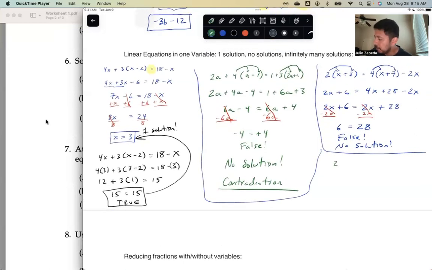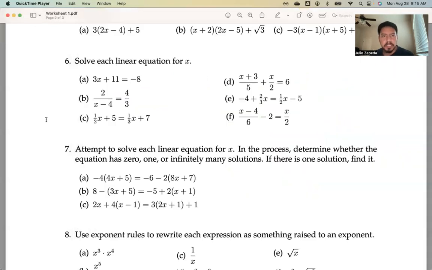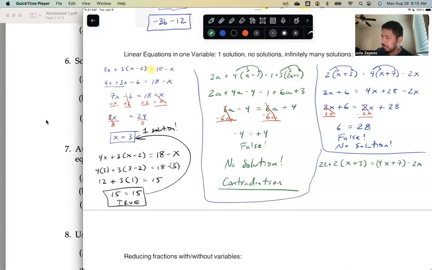So I'll make it very similar. 2 times x plus 3 equals 4x plus 7 minus 2x. And then let's take a plus 22 over here on the end, on the left-hand side. Now we're just forcing it to come out to how we want, but you'll see equations like this in the worksheet that will have this result.